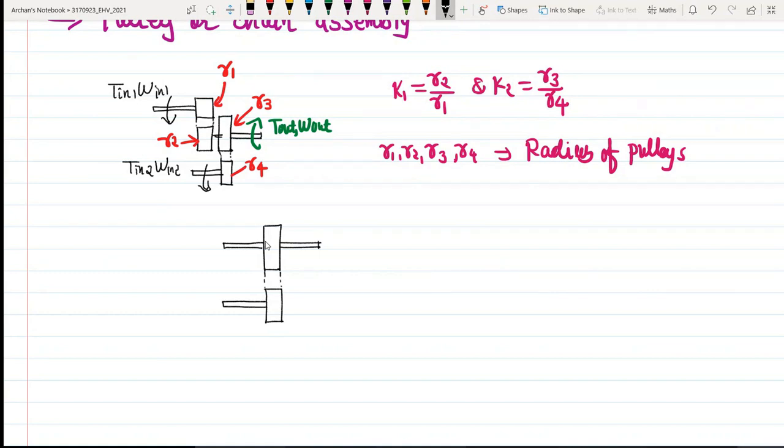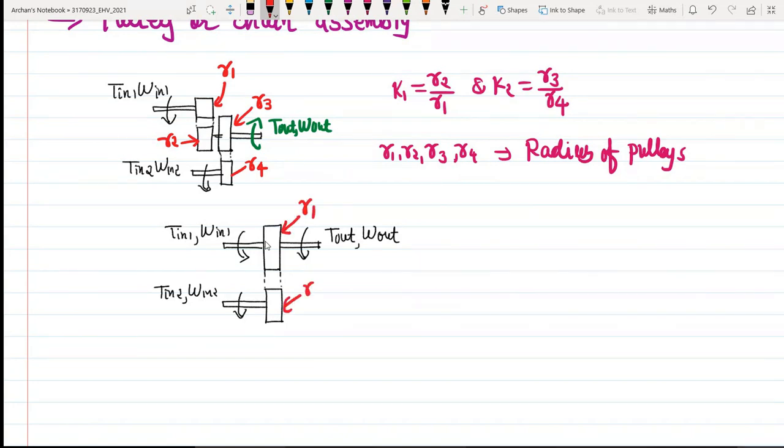Okay. So the input will be torque in 1 and speed will be omega in 1 over here. Similarly, torque input at terminal 2 would be T in 2 and omega in 2, and this is rotating in this particular fashion, which is resulting in total output torque and speed. Okay. So here we have radius of first pulley as R1, radius of second pulley as R2.